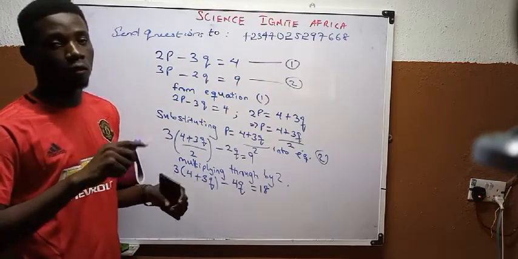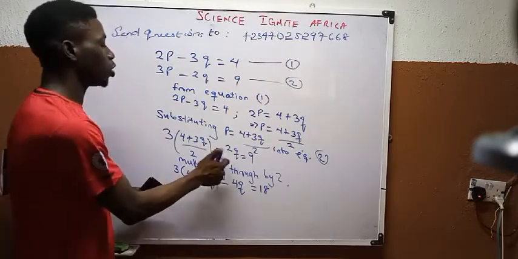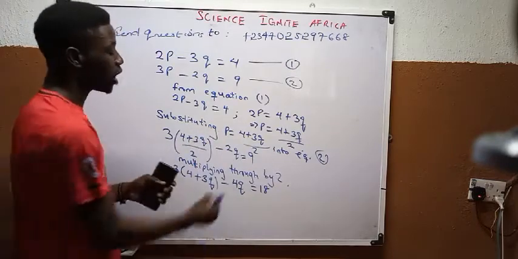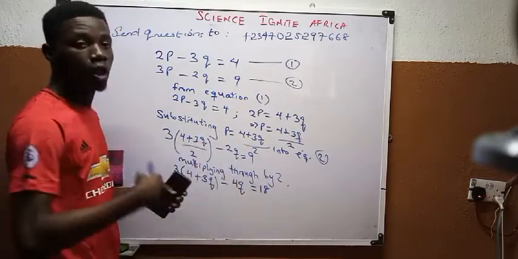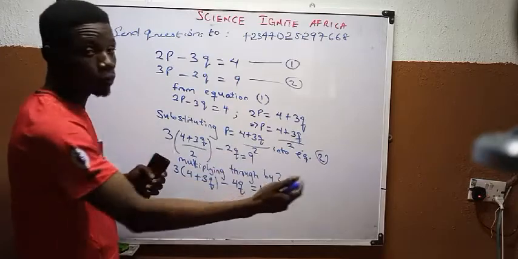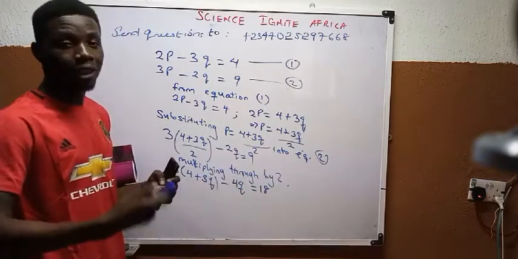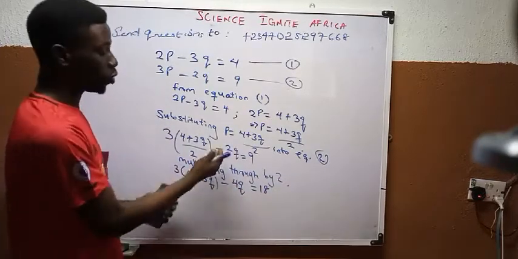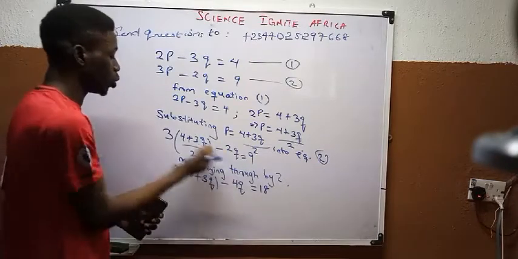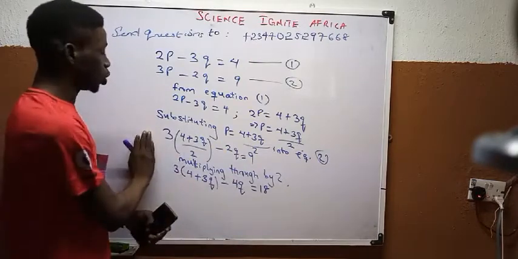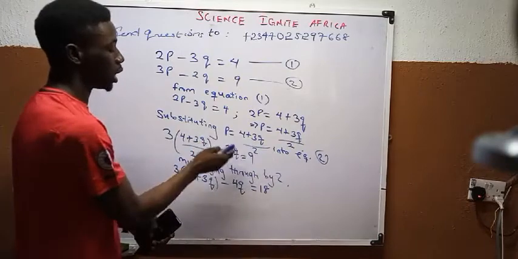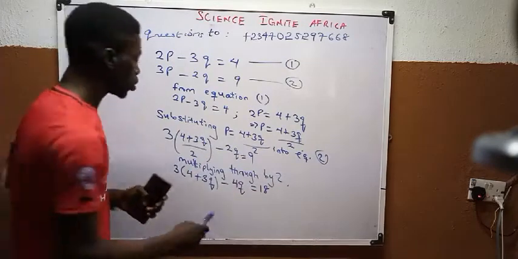With that, we get rid of any fraction. Mind you, you cannot do this if you don't have an equation, because it will be as though I'm changing what the equation looks like. But because it's an equation, what I'm doing to the left hand side, I'm doing to the right hand side, and equality still holds.